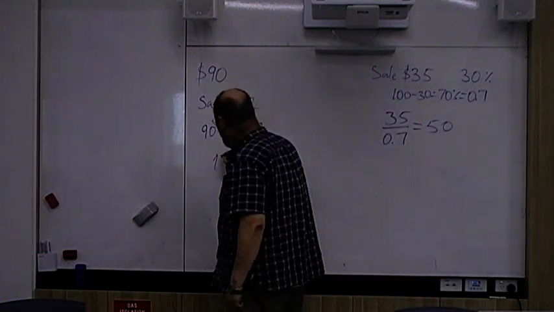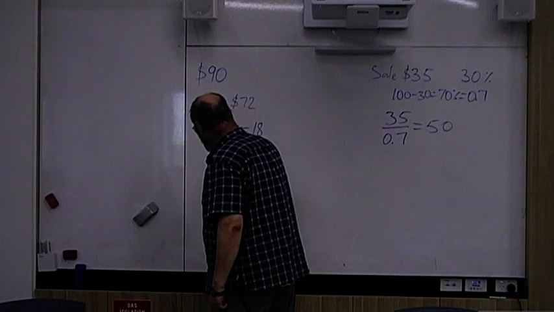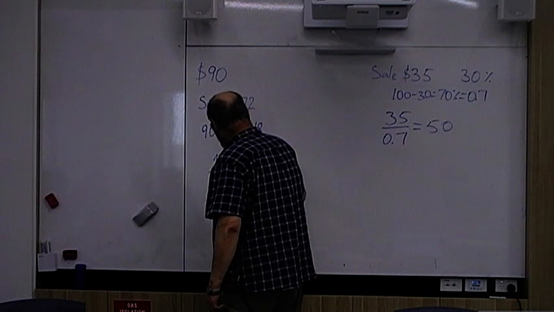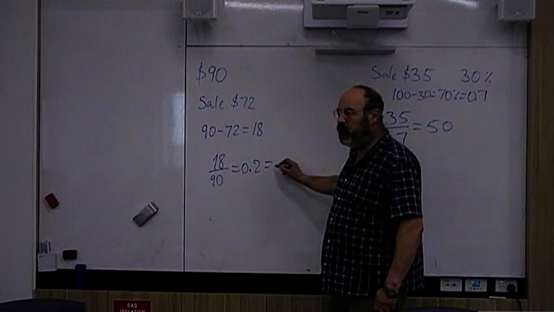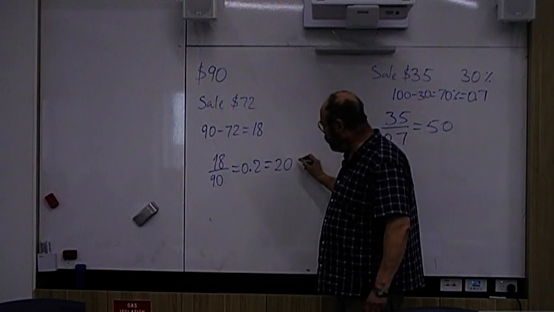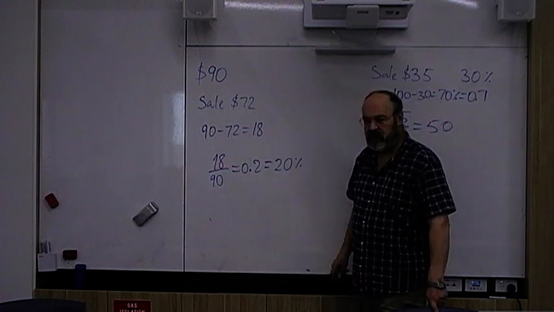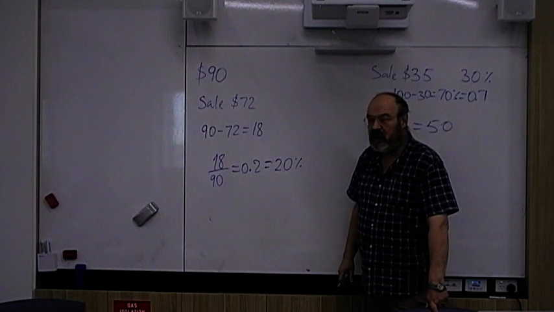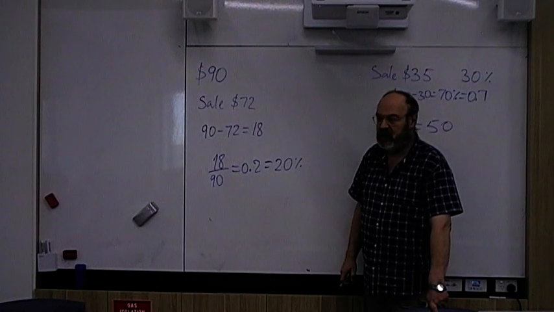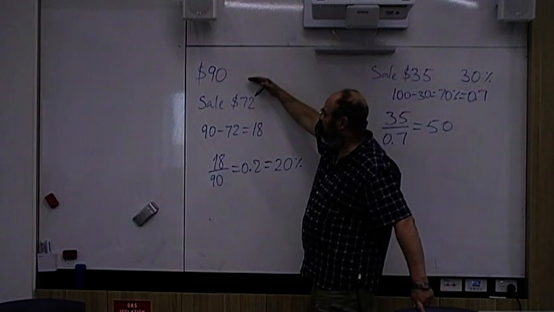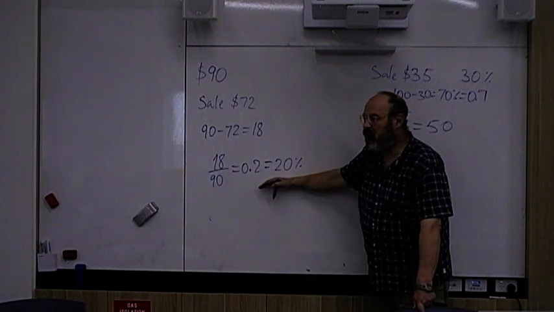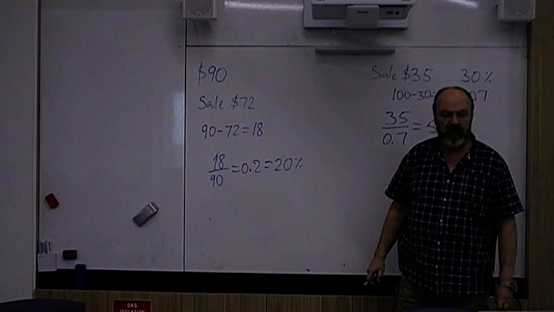We divide 18 by 90, which will be 0.2, and turn it into a percentage: 20%. It's discounted by 20%.